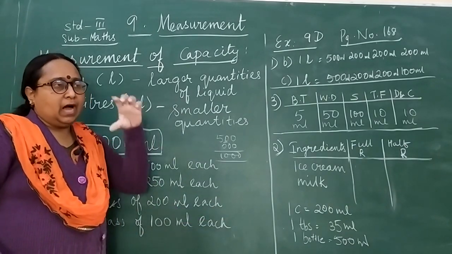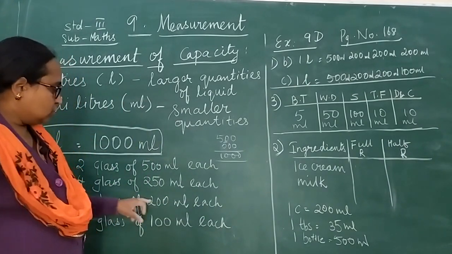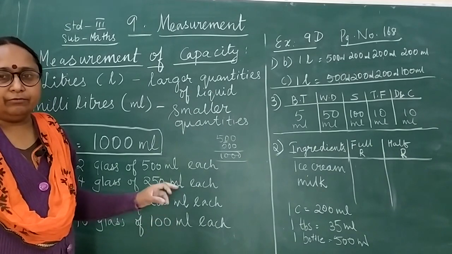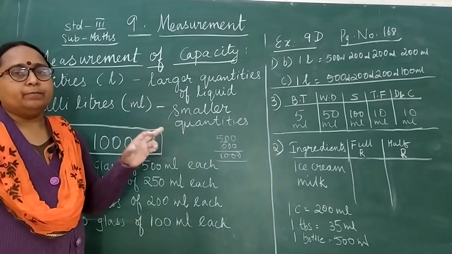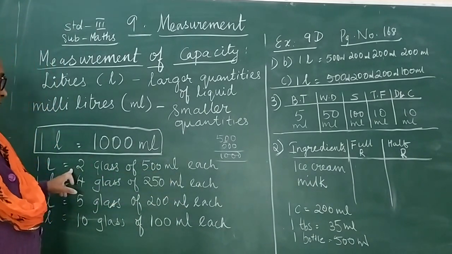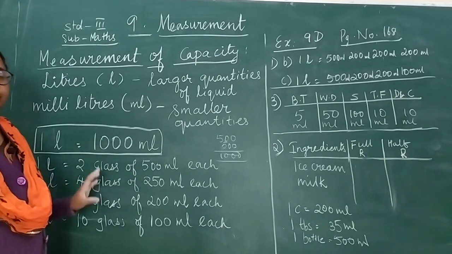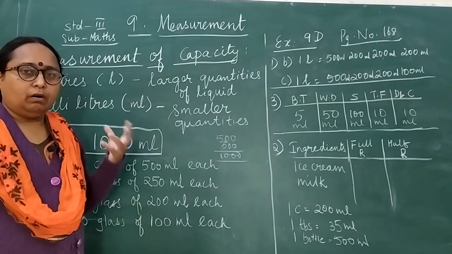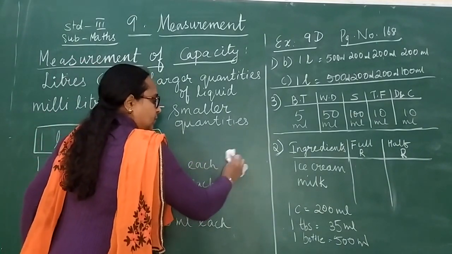If it is a 100 ml glass, you can fill 10 glasses. If it is a 200 ml glass, you can fill 5 glasses. 250 ml glass you can fill 4 glasses, and 500 ml glass you can fill 2 glasses of 1 liter, either it is water or milk, or it can also be juice.